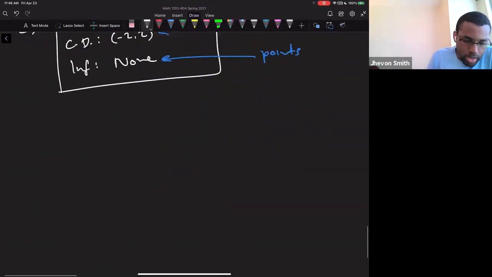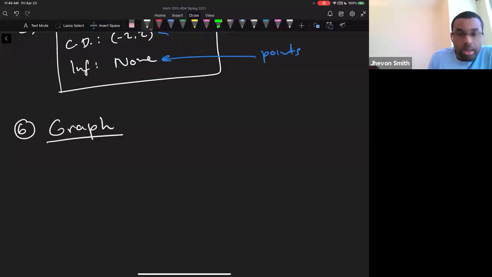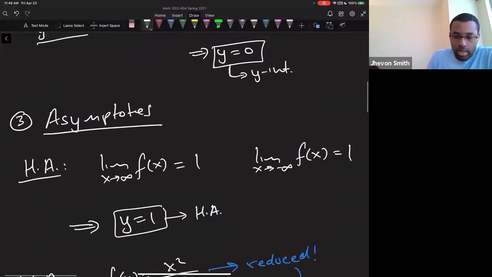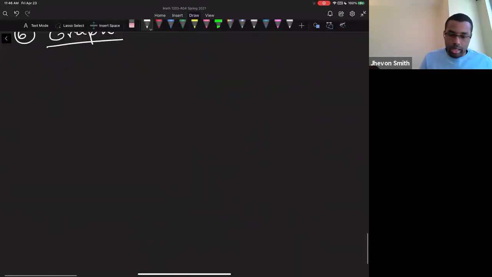Now we move on to the sixth step, where we actually do the graph, right? And we're going to summarize all of this on it. So let's set that up here.